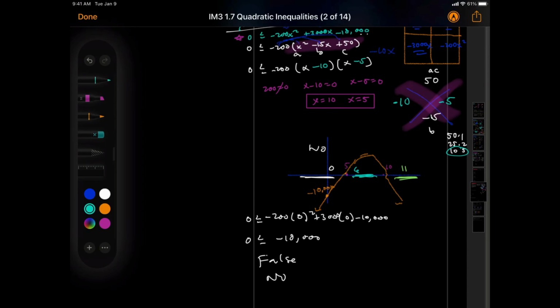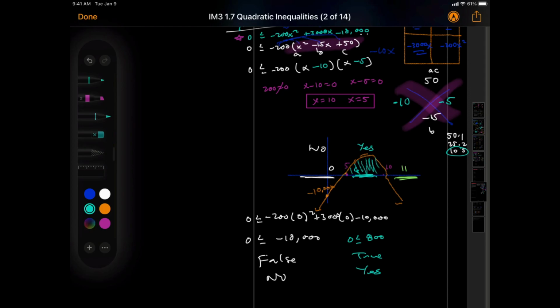If I put in 6, I'm going to get 0 is smaller than or equal to 800. And this is true. So write the word yes inside there. Basically what it represents is anything in this region, right?